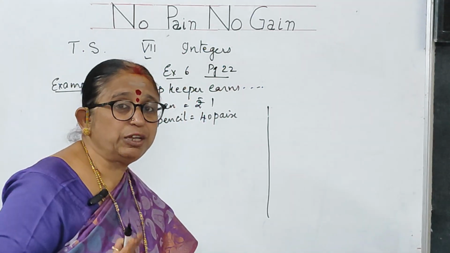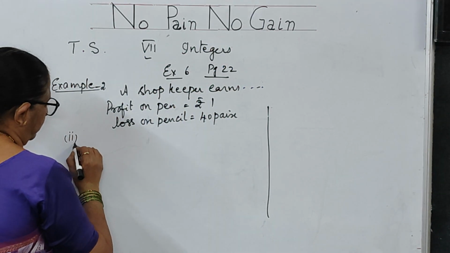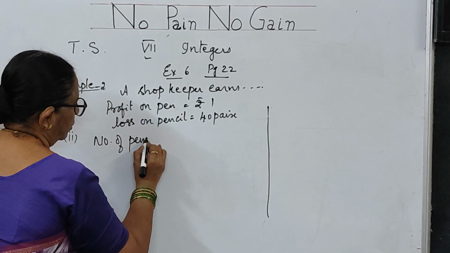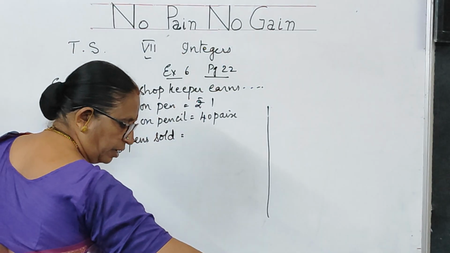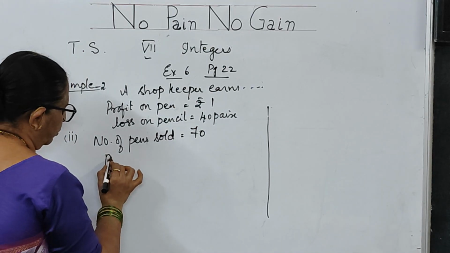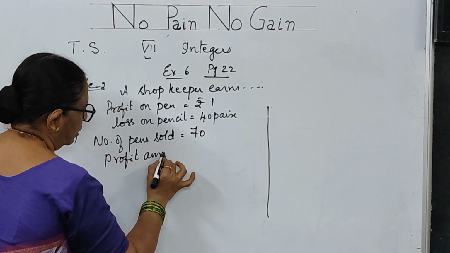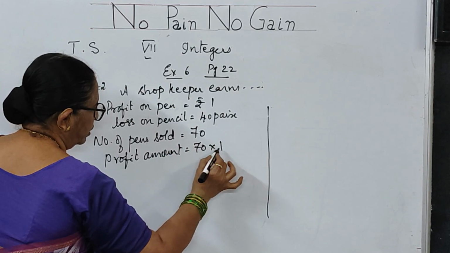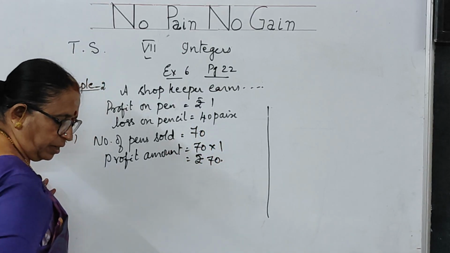So, second bit, number of pens sold: she has sold 70 pens. How much profit amount is obtained? 70 into 1, that is rupees 70 has been obtained as profit.